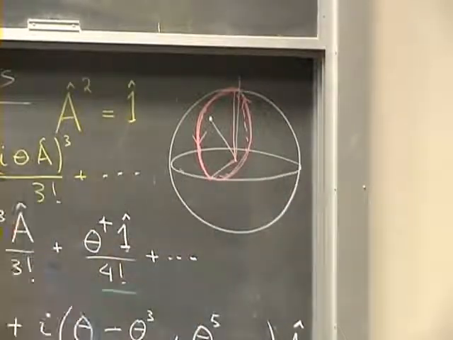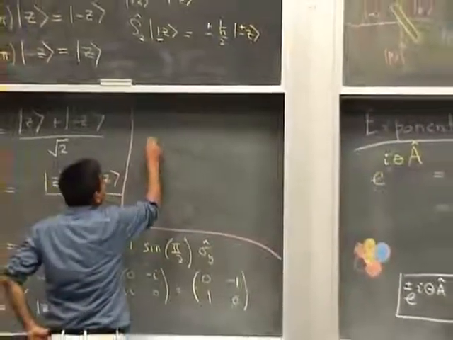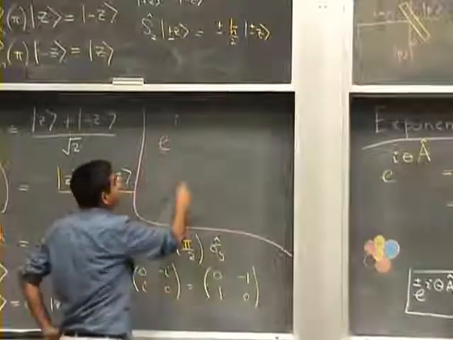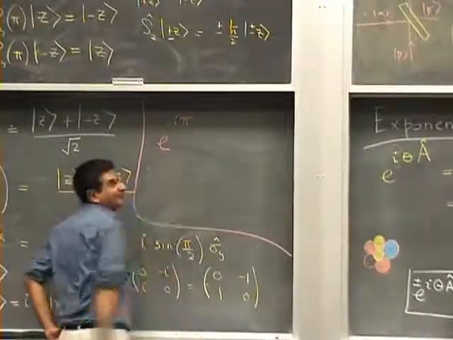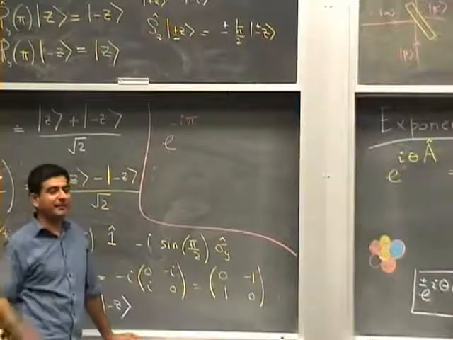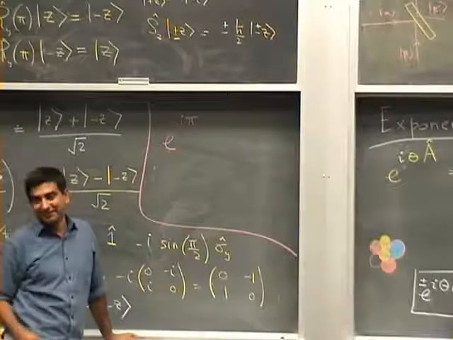And if you would like to try to operate it for this, e raised to the power minus i, what's the angle of rotation? Phi. Now I have to choose an axis of rotation. It's not Sx, it's not Sz. It's in between Sx and Sz.